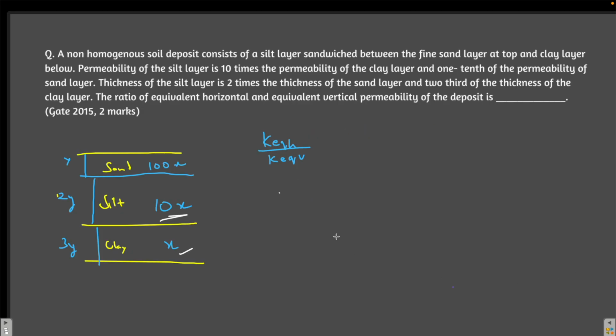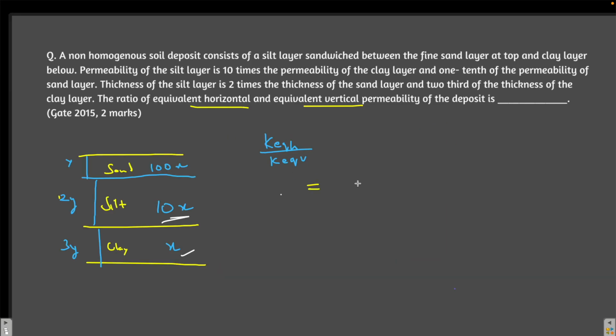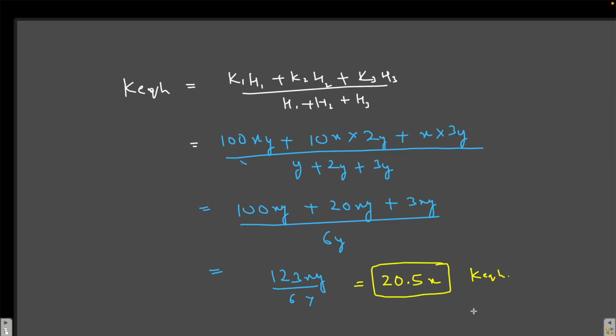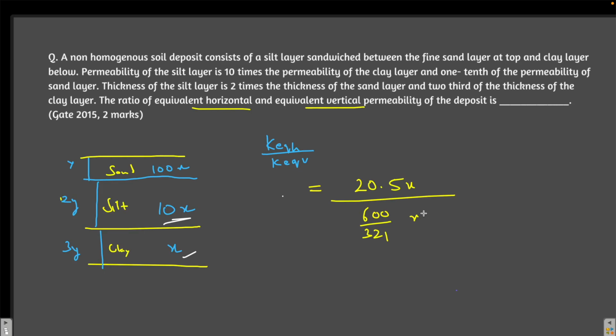Now what do we have to find out? We have to find out the ratio of the equivalent horizontal and equivalent vertical permeability. So first of all, what is the equivalent horizontal permeability? It was 20.5x, right? What is the permeability for the vertical direction? It is 600 by 321x, right?